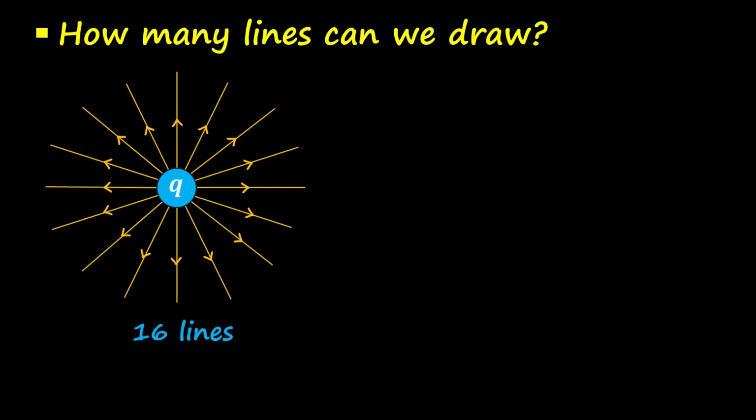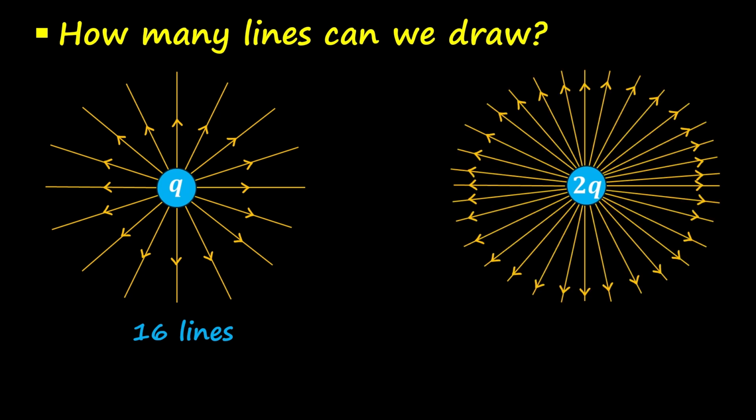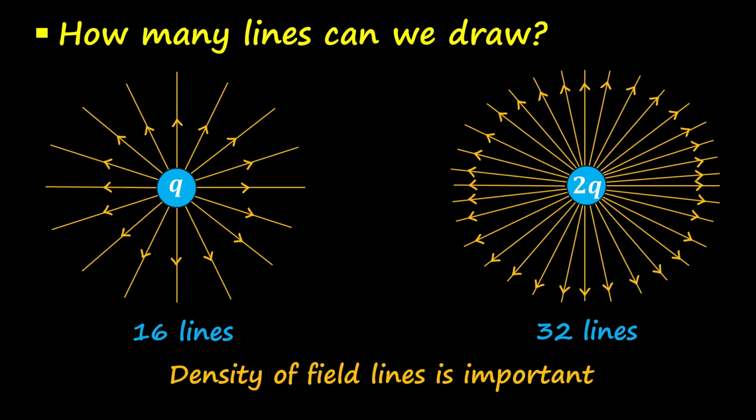Then if I want to draw the electric field lines for another point charge that is twice the previous one, then I have to draw 32 lines, because the magnitude of the charge of the second one is twice that of the first one. In summary, the density of the field lines is important, not the number of the field lines.